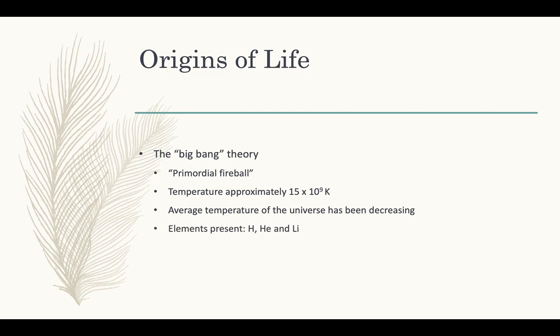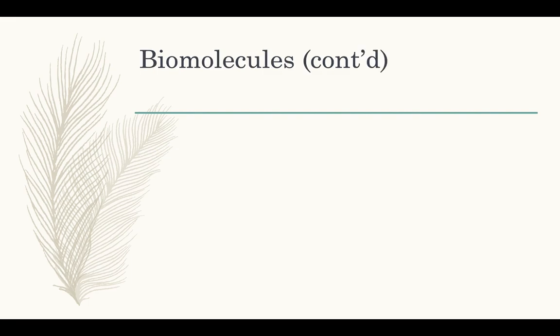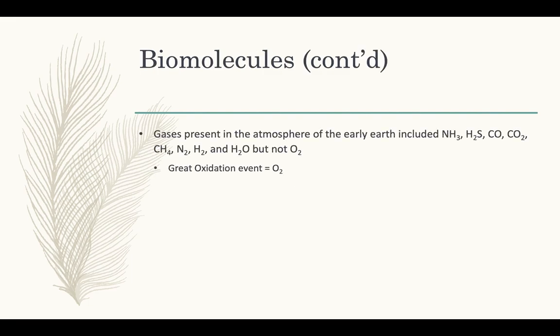In the early stage of the universe, the only elements present were hydrogen, helium, and lithium, and other elements were formed via three processes: thermonuclear reactions in stars, explosion of stars, and the actions of cosmic rays outside the star.